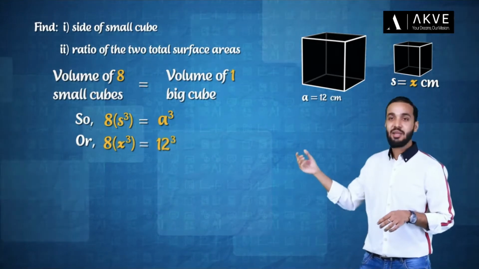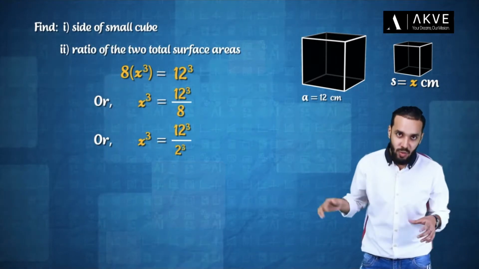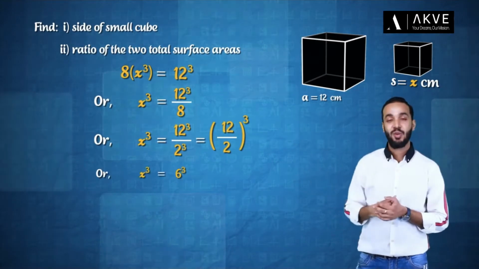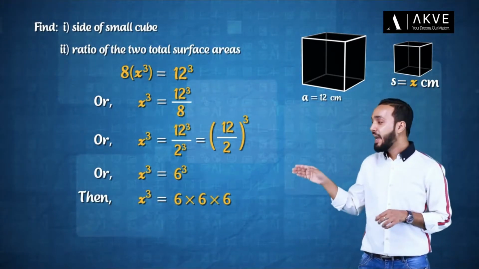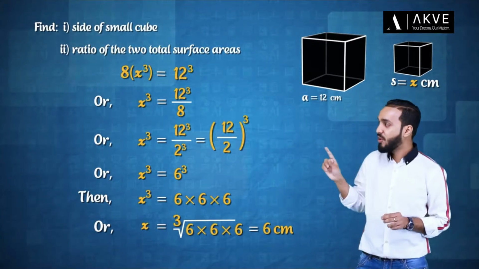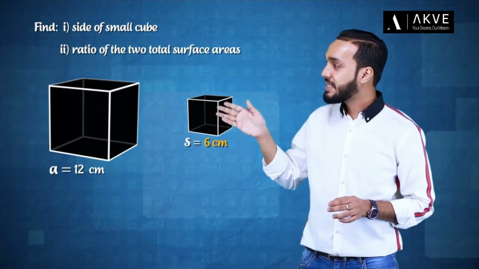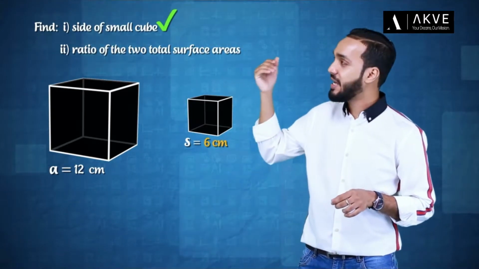Now, this just simplifies to x cubed is equal to 12 cubed divided by 2 cubed, which is the same as 6 cubed. Then, x cubed is equal to 6 into 6 into 6, or x is equal to 6. So, the edge length of one small cube is 6 centimeters. See, the first part of the question is solved.